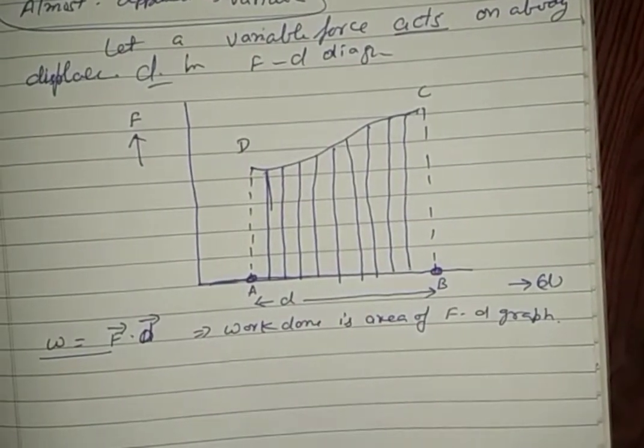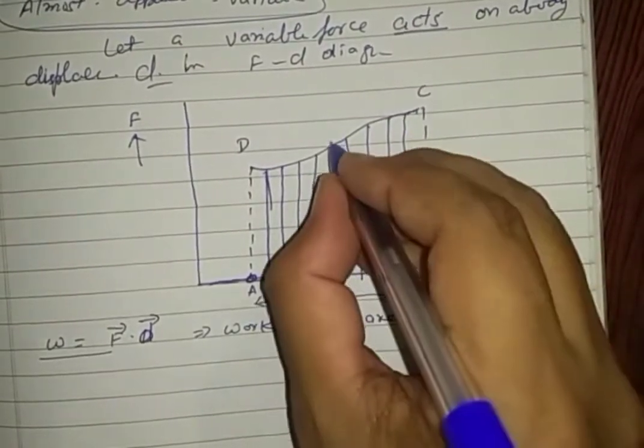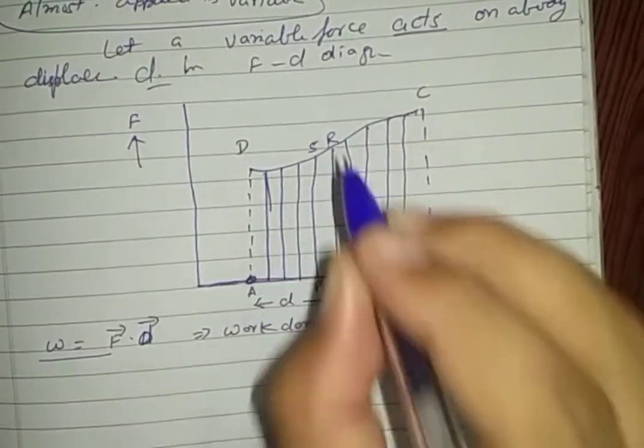Let us choose an area here in this diagram, this is PQRS.